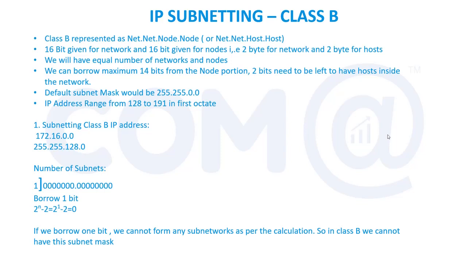The IP address range is from 128 to 191. Most of this is covered in the IP addressing concepts, class A, B, C address and the range of IP addresses, but we are refreshing so that we recollect all the details we studied in the earlier portions.